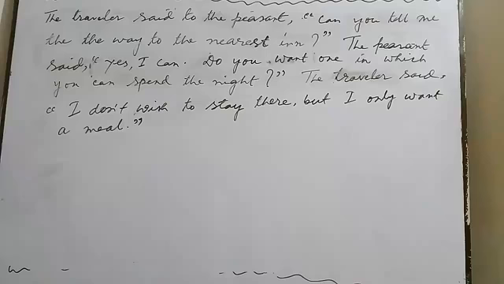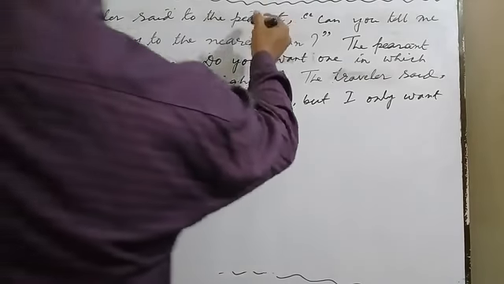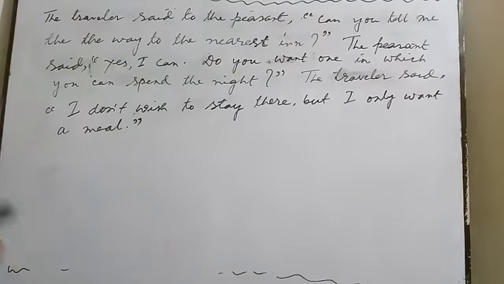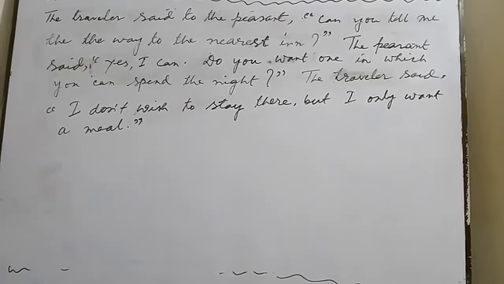The traveler said, I don't wish to stay there, but I only want a meal. So I think you can understand. Here the traveler is speaking with a peasant, a farmer, conversing with the farmer. So the traveler is talking with a peasant. And they are talking, asking questions, giving answers.